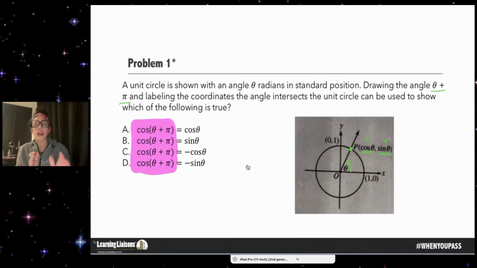So if that's what I'm starting with, I can completely ignore this sign over here. It doesn't matter, because none of my answer choices are starting with sine of theta plus pi. So if I'm doing cosine of theta plus pi, I know I'm adding some sort of value to my theta.